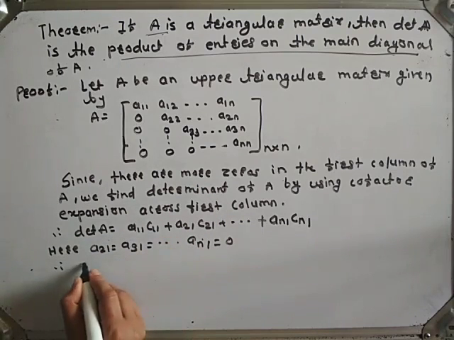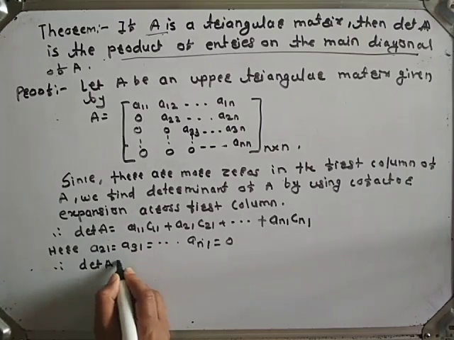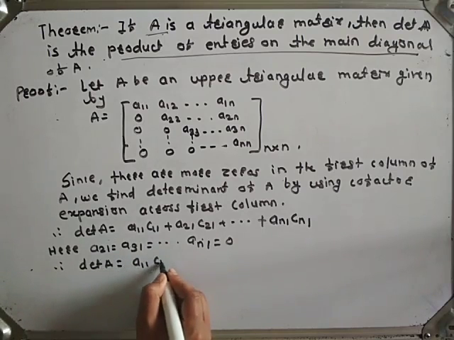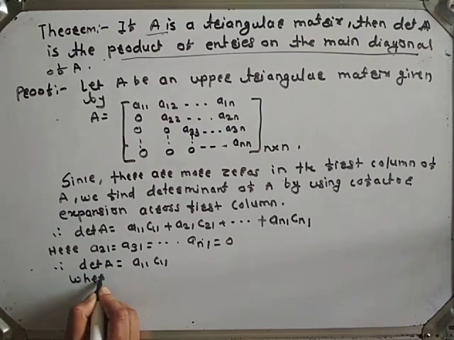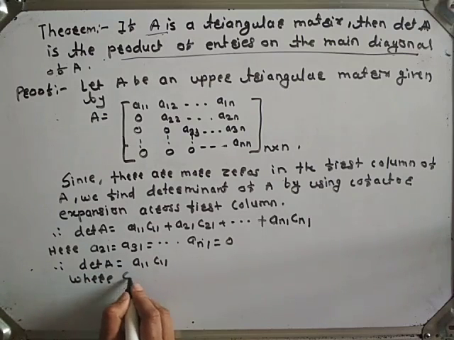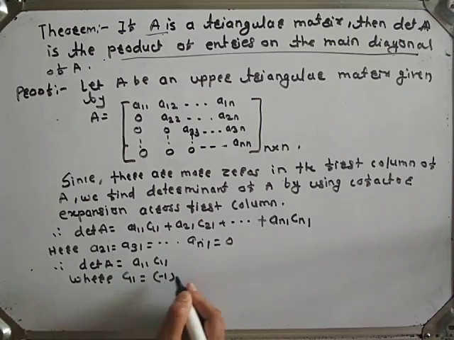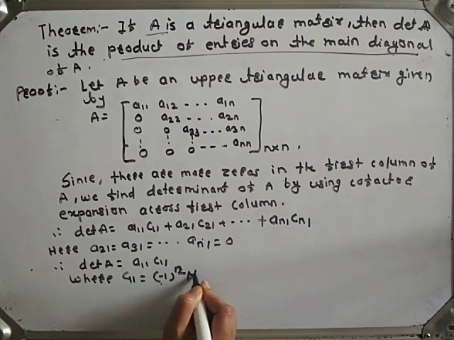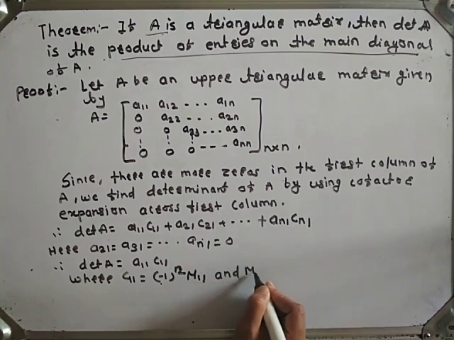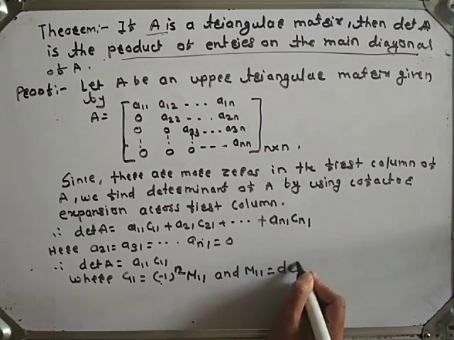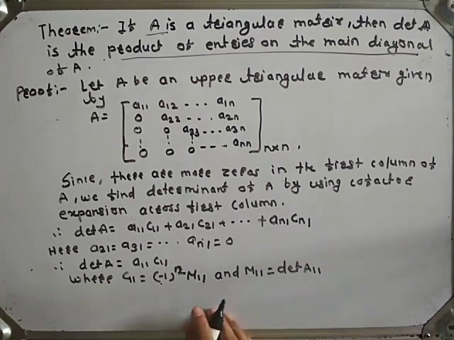Therefore, this formula becomes determinant of A is equal to A11 into C11, where C11 is minus 1 raised to 1 plus 1, which is minus 1 squared, times M11. And M11 is equal to determinant of A11.